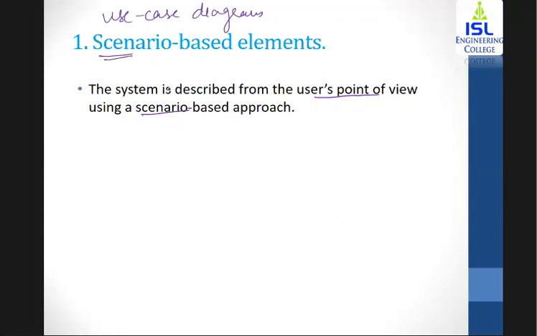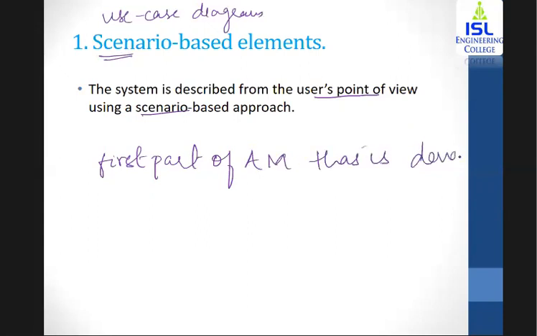Now the first step within the elements of the analysis model is the use case diagram. It is the first part of the analysis modeling that you're going to develop. Why is it the first part that you're developing?